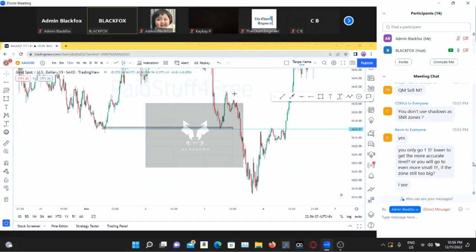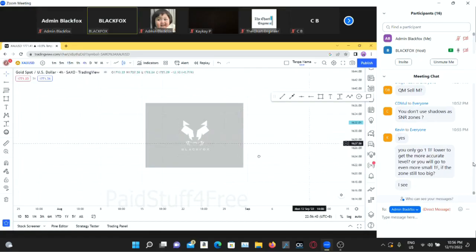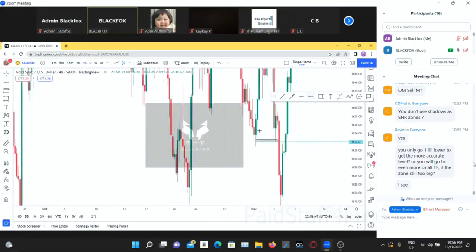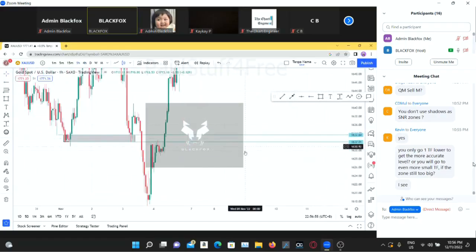If the zone is still too big, yeah, I will go to a smaller time frame. I will precise. Just like this one, right? This H4 zone is too big, right? So I go to H1, then I will get the support.